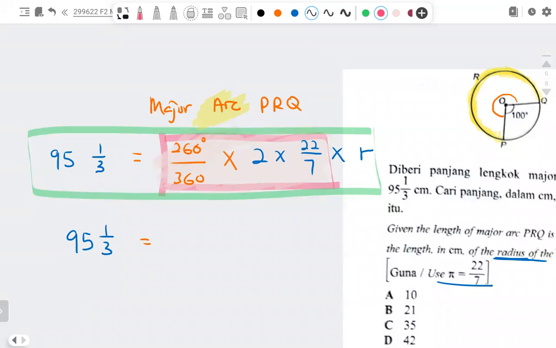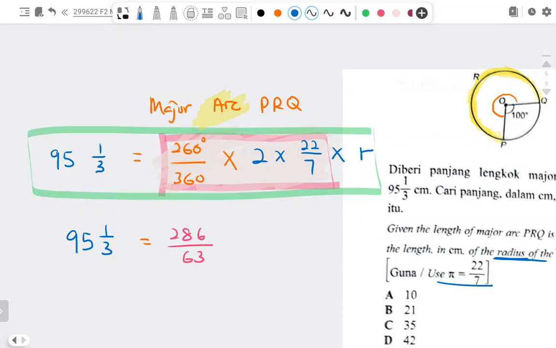Oh, 4.5. You changed it to decimal. It will be better if you change it to improper fraction. Joe, yeah, correct, 286 over 63. Okay, don't change to decimal first. You change it to either mixed number or improper fraction.